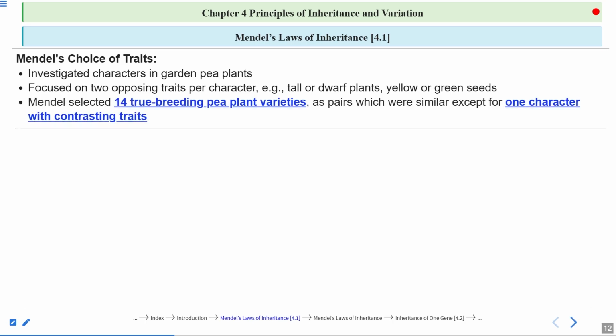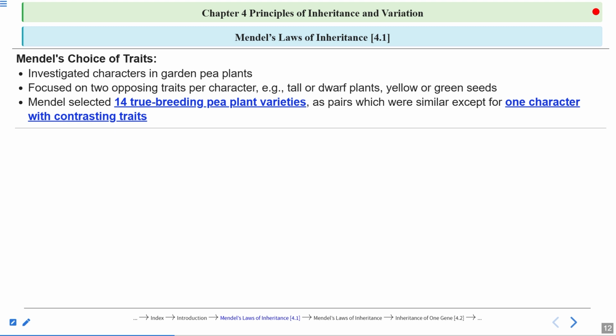So Mendel selected 14 true breeding pea plant varieties as pairs which were similar except for one character with contrasting traits. What does this mean? Mendel chose 7 pairs of contrasting characters, means he chose 14 true breeding plant varieties. So Mendel crossed 2 pea plants. One plant had yellow seeds, another plant had green seeds.